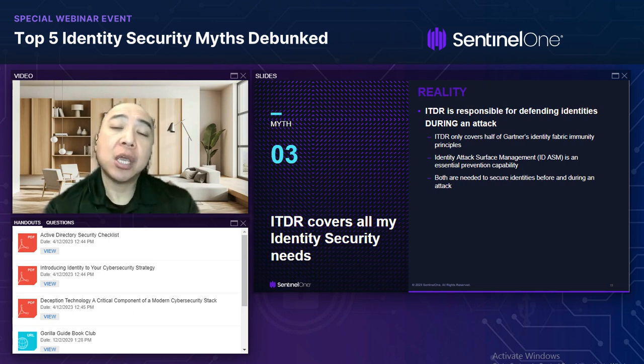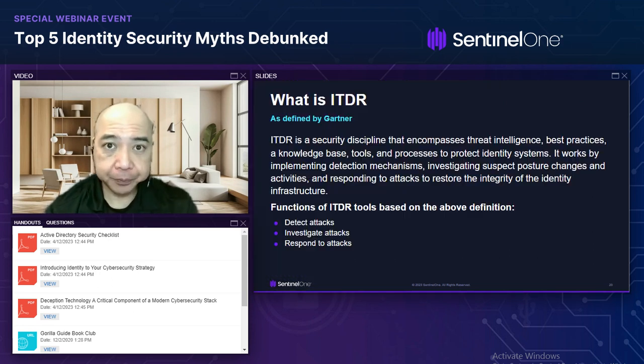This is using a combination of multiple different security controls, including IAM, MFA, PAM, ITDR, and prevention, security posture management, right? But really, identity attack surface management is an essential prevention capability, and you'll see that in a moment. You need both to actually do identity security because ITDR is just one half of the equation.